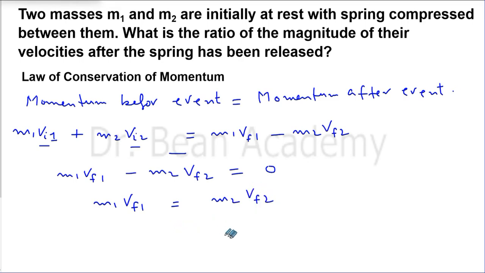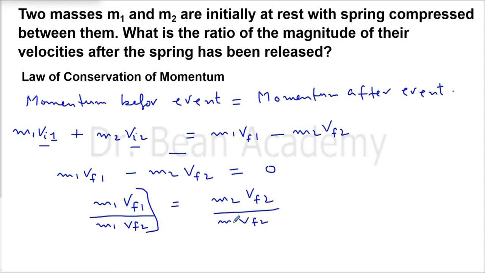Because I want to calculate the ratio of the velocities, I will divide both sides by vf2, and I will also divide by m1, because I don't want m1 on this side. I only want to calculate the ratio of the velocities, so I want to get rid of m1.